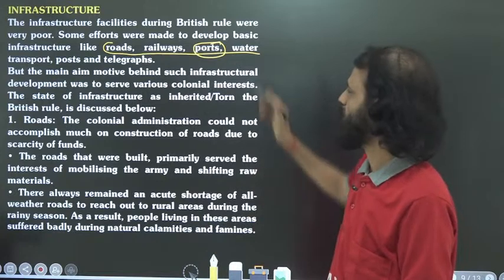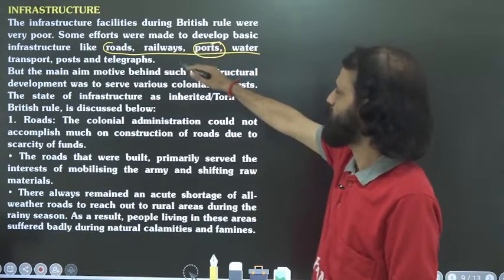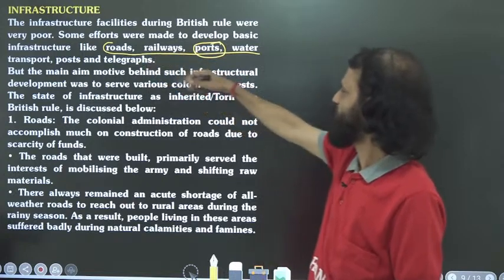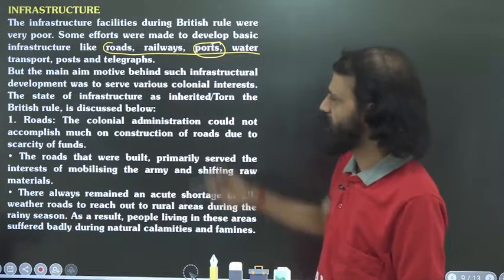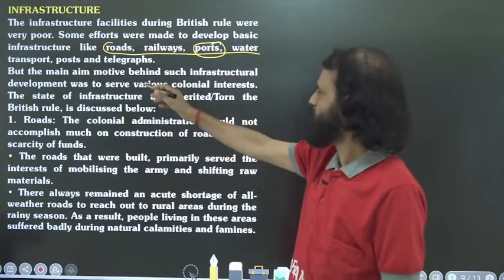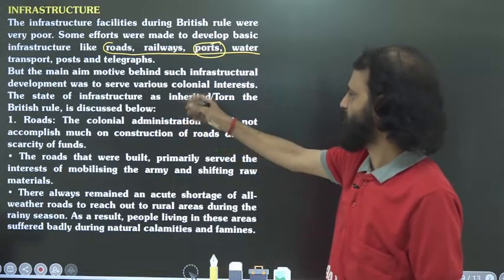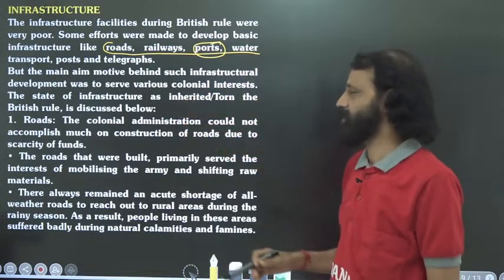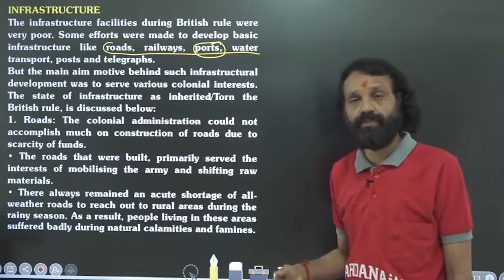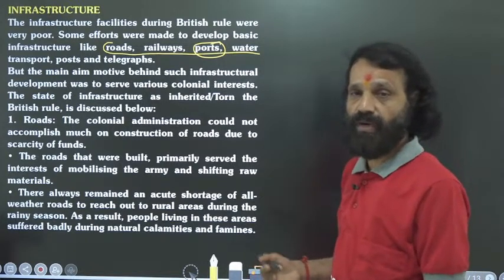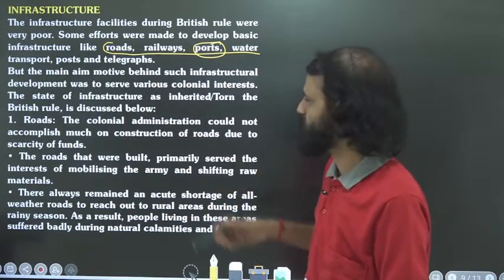That is why they developed roads, railways, ports, water transport, etc. Their interest was to take India's wealth to their country. That was their ultimate interest.